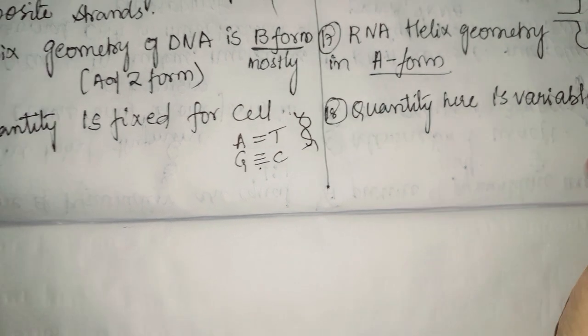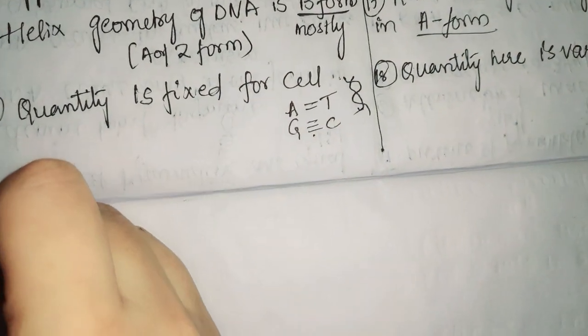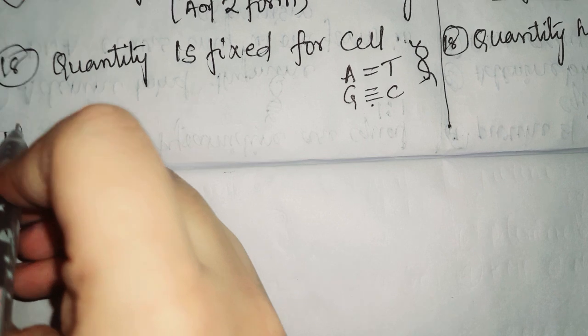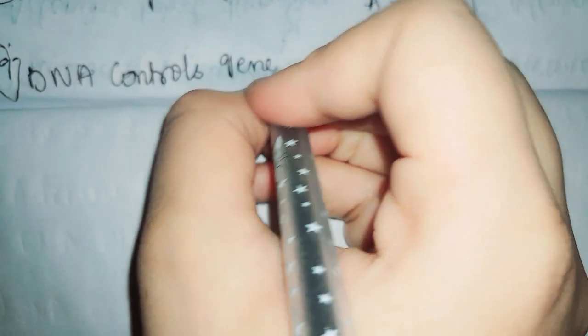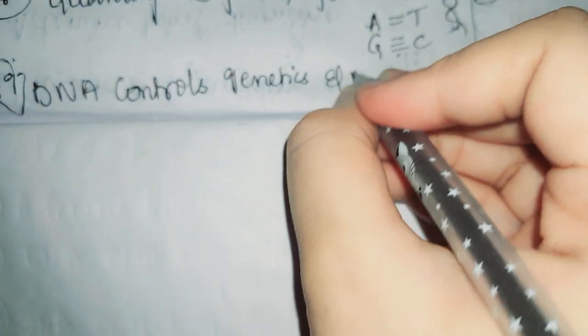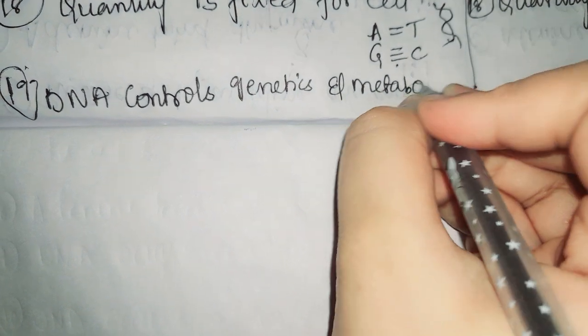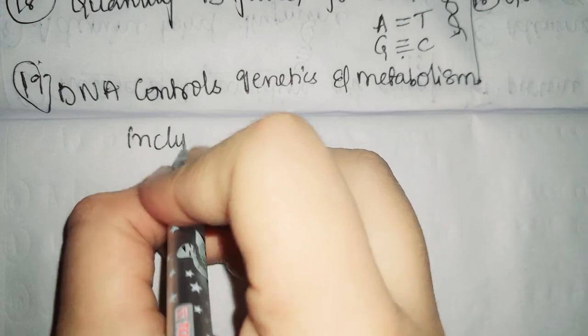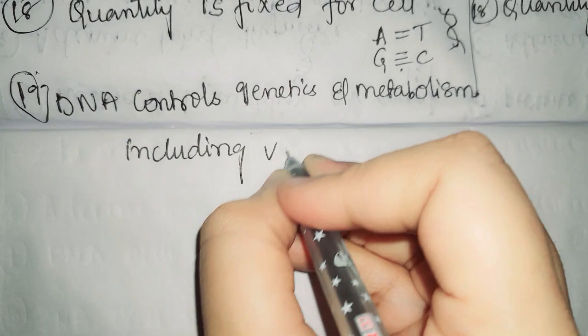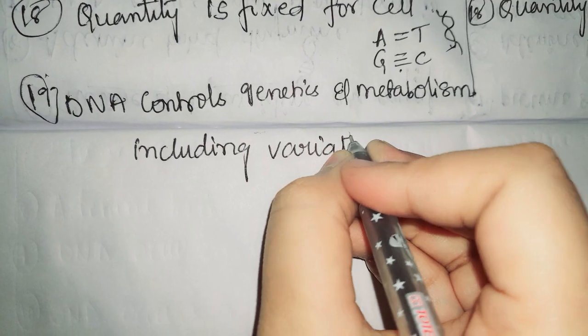Now, as we saw the central dogma of life, I have to write this point there itself. We can write one more point here: DNA controls genetics and metabolism, including variations. Am I true? Yes.